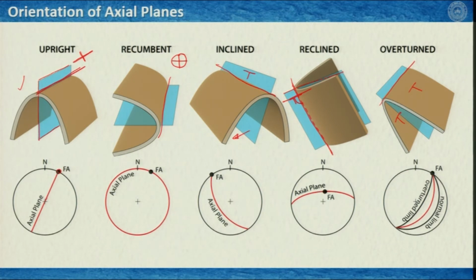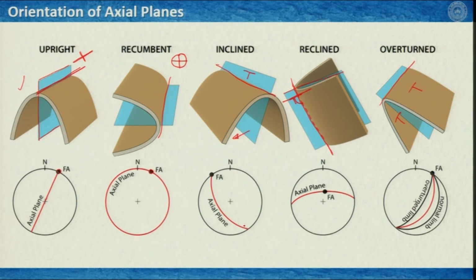On the recumbent fold, it does not have any strike because it is a horizontal bed. So, the entire primitive circle is actually the plot of your axial plane, and the fold axis you can plot, if you can measure it, is somewhere here, and this is also horizontal. In the inclined fold, as we have seen here, it is dipping in this direction.